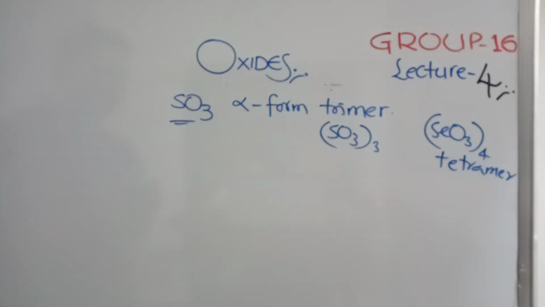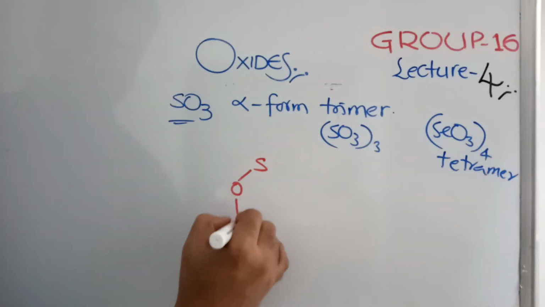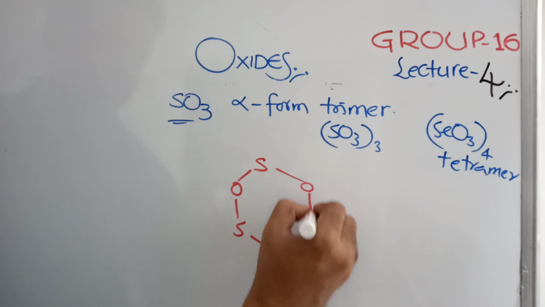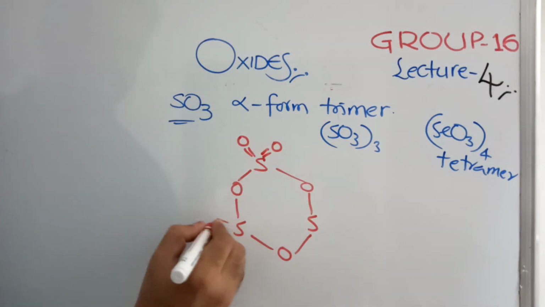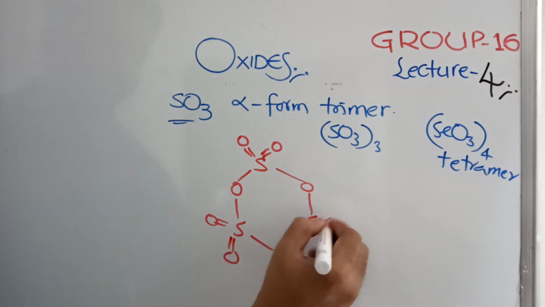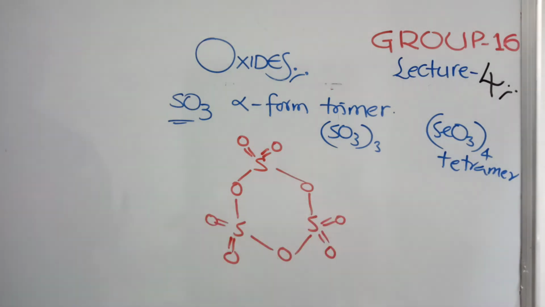This kind of structures we write in B3N3H6, and all those cases we write in the similar way. Sulfur, oxygen, sulfur, oxygen, sulfur, oxygen. This is trimeric form. If you want selenium, you just increase one more. Now this is a 6-member ring. In tetramer form, an 8-member ring is possible.